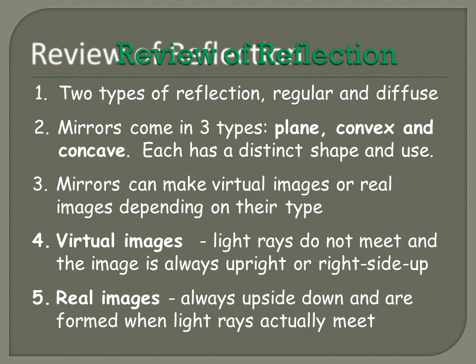That means it is in the opposite direction. And what do you mean by a real image? It is always upside down and is formed when light rays actually meet. They are called real images.